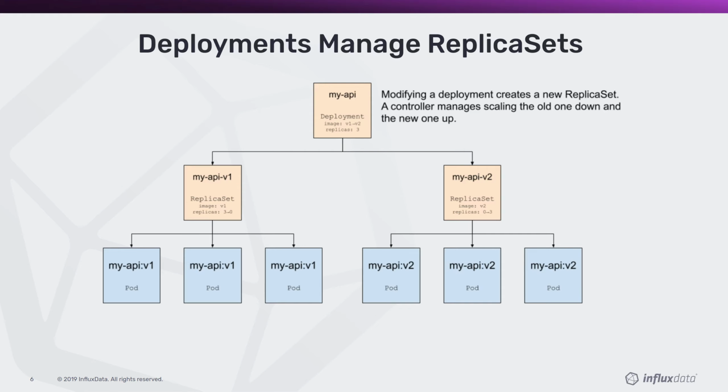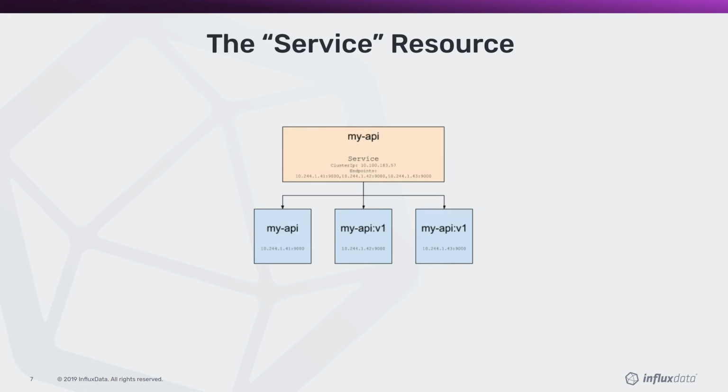And whether it will add one of the new one and then remove one of the old one, or remove one of the old ones first and add one of the new ones second, this is tunable. Whether you want it to add 5 at a time or 1 at a time, that's tunable. You can also have it just completely blow away the old one and add the new one. But nevertheless, the deployment controller is the one that's managing those transitions.